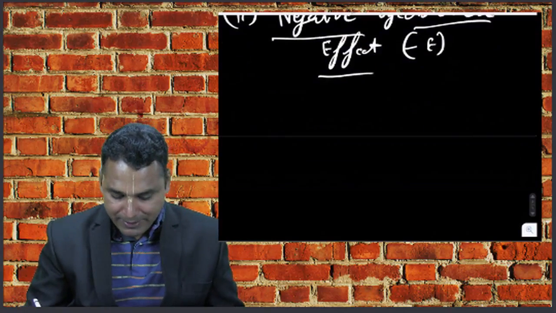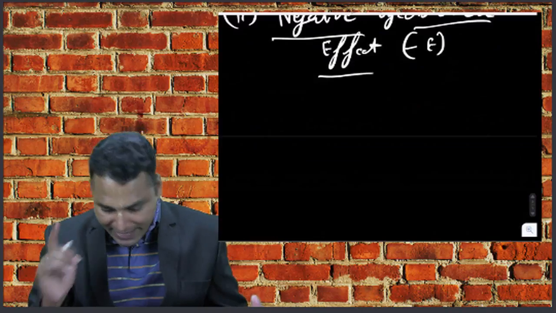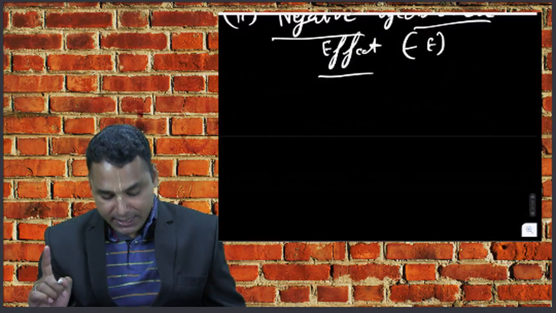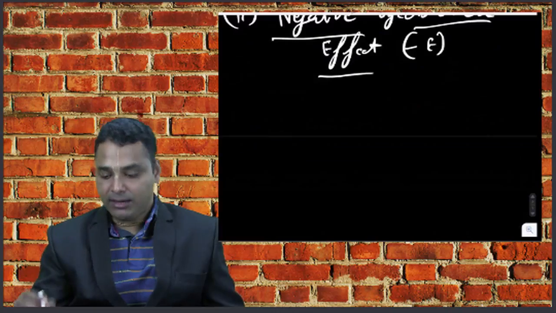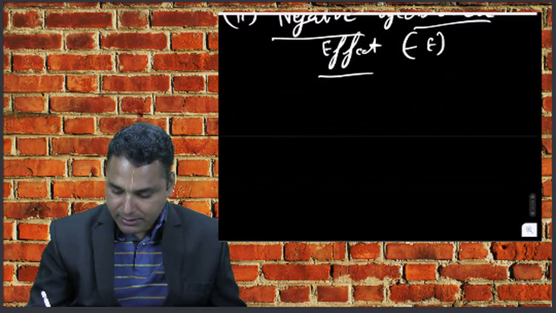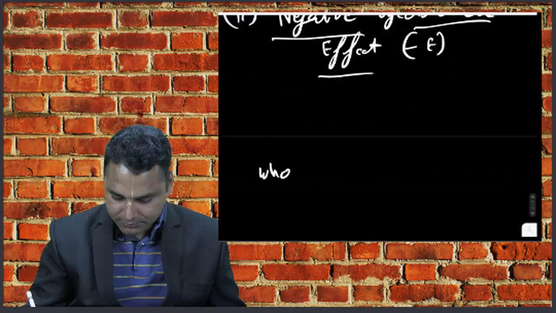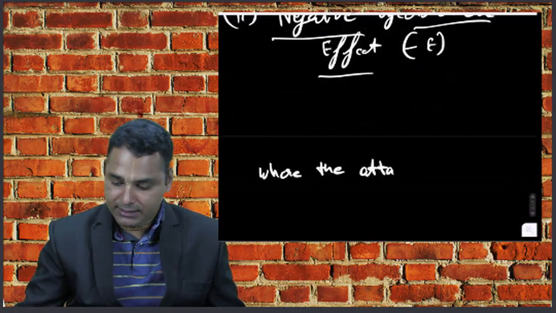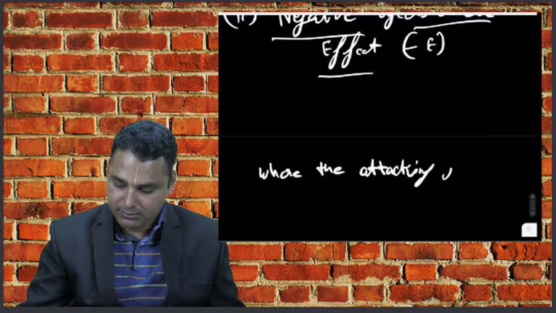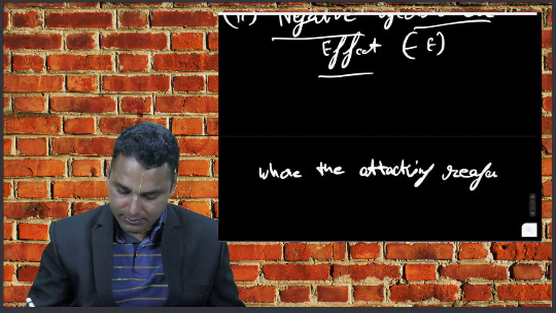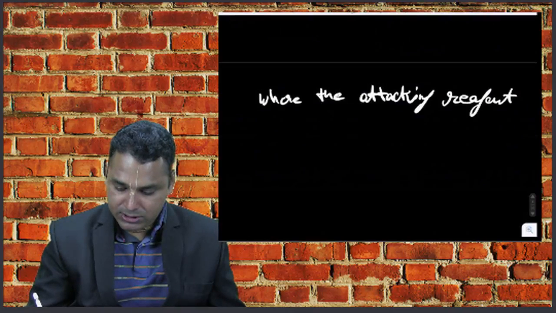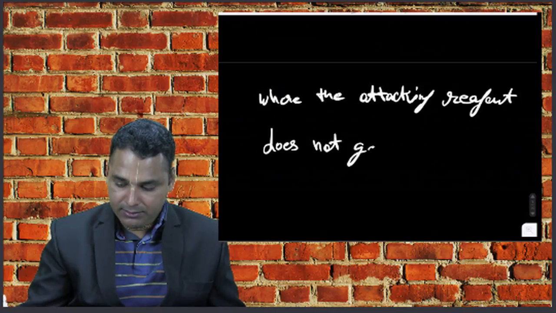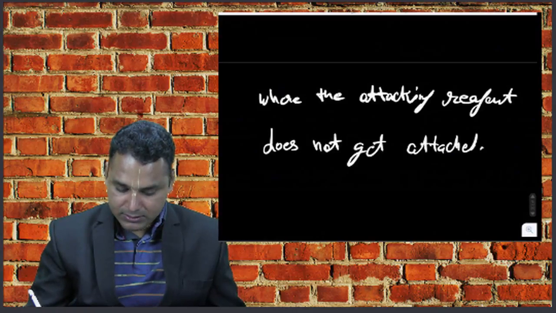Now the pi electrons of the multiple bond are transferred to that atom to which the attacking reagent does not get attached. Again, with the help of an example, we'll see it. Same example.